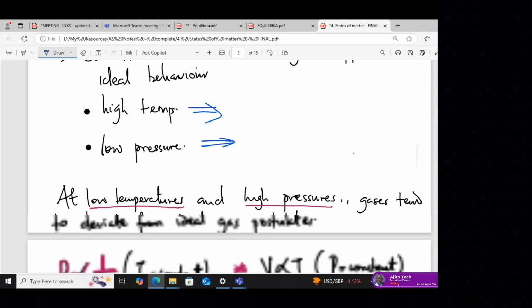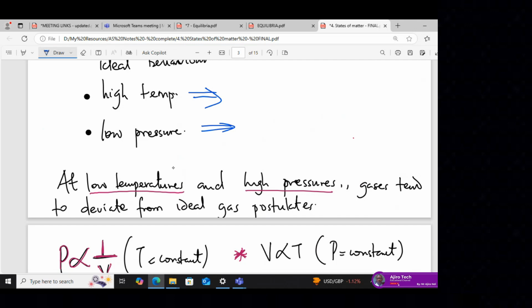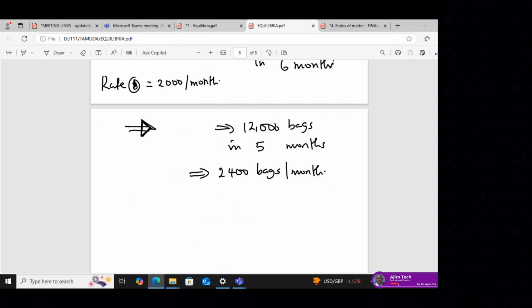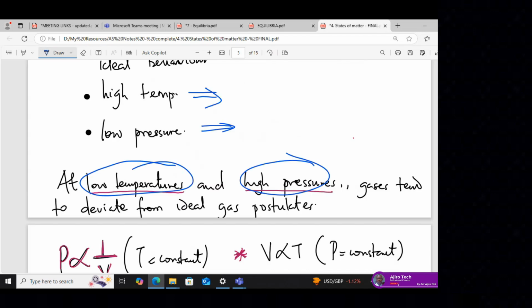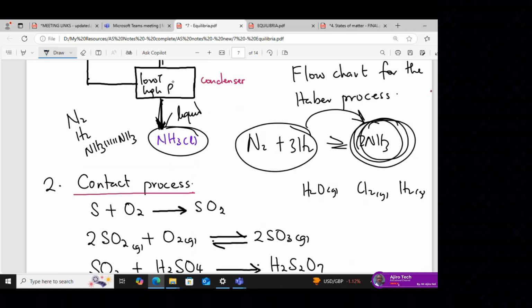So at high pressure and low temperature, high pressure, low temperature.